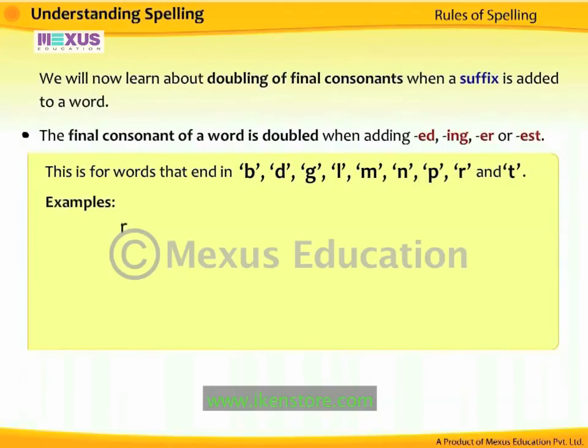Therefore, r, u, n, run becomes r, u, n, n, i, n, g, running. S, w, i, m, swim becomes s, w, i, m, m, i, n, g, swimming.